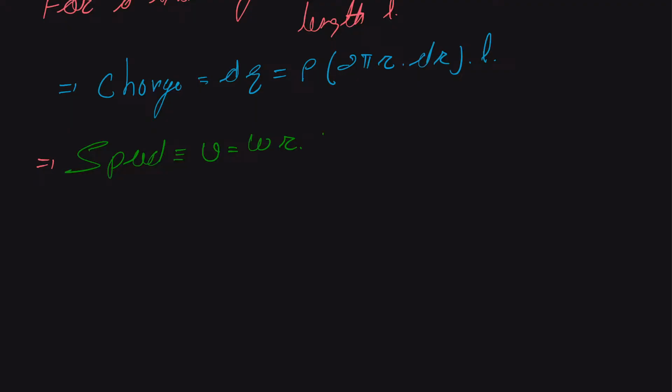And we can also write the time for one revolution. If that is our capital T, then this capital T will be equal to 2 pi upon omega.